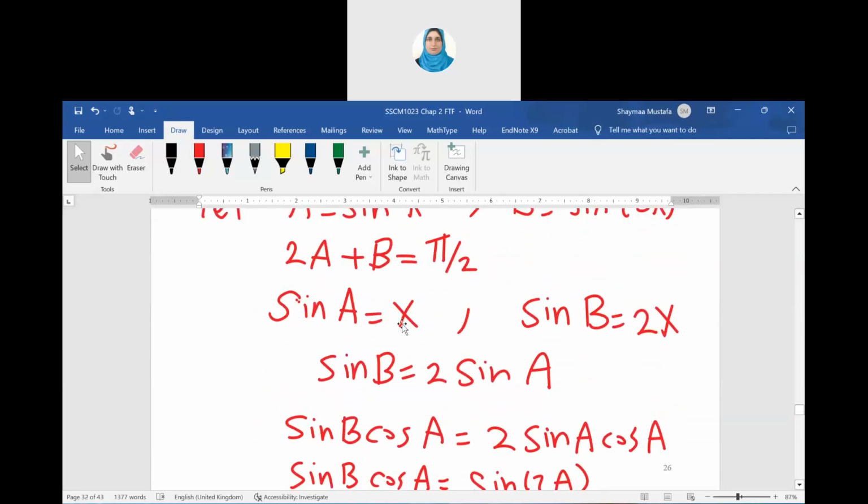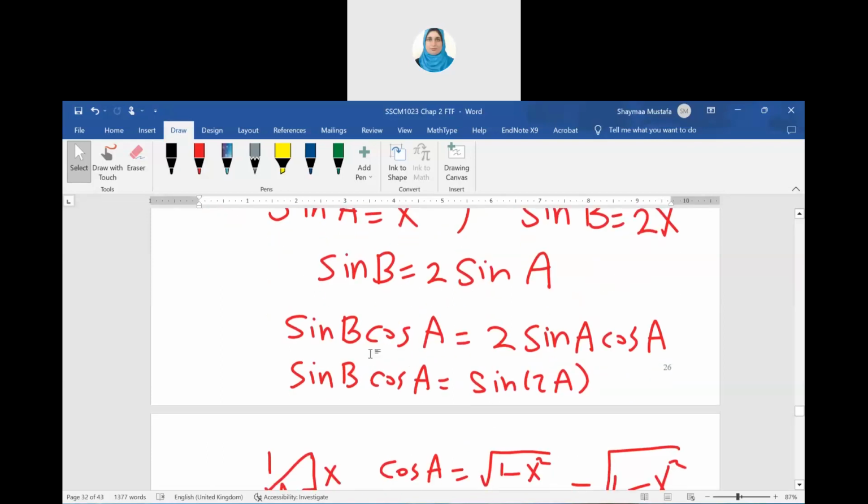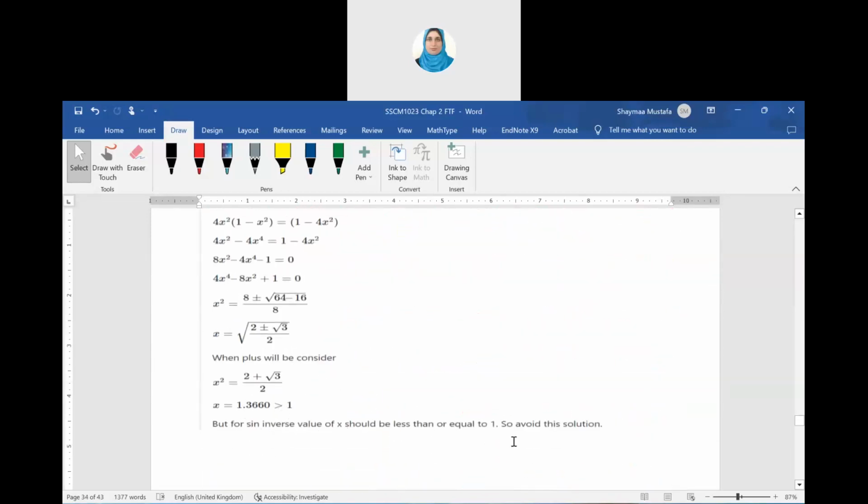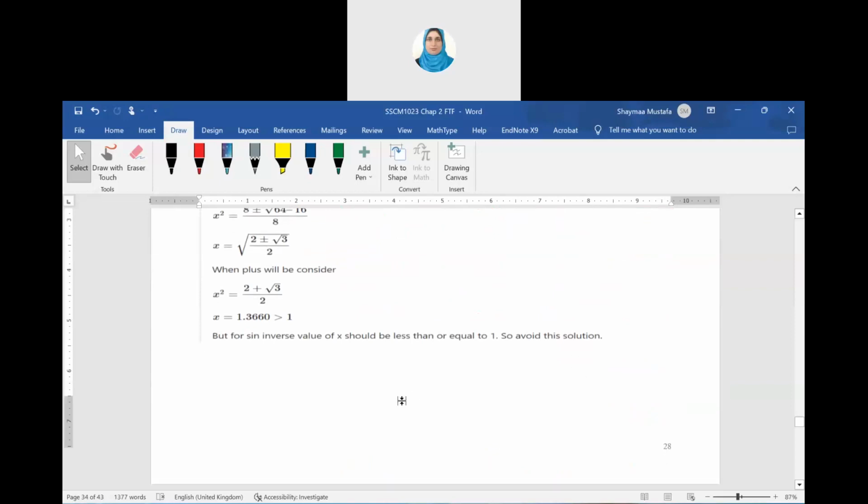We have that sine a is equal to x, which means that your x cannot be greater than 1. x should be a value between minus 1 and 1, because sine is between minus 1 and 1. So the first value we have to reject.